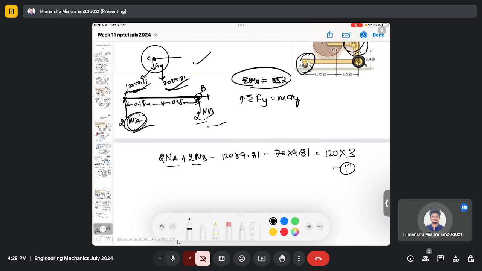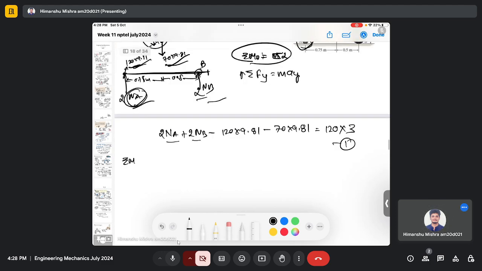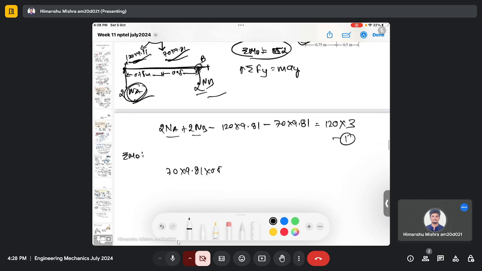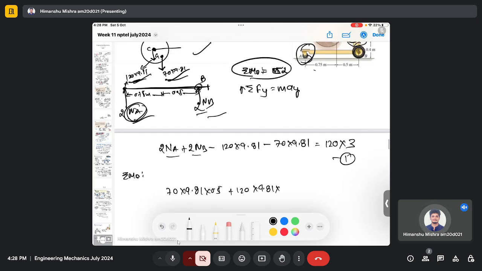So when we do the moment balance, I will have the summation of moments due to the 70 kg weight with perpendicular distance 0.5, and due to the 120 kg weight with perpendicular distance 0.75, minus 2NA.